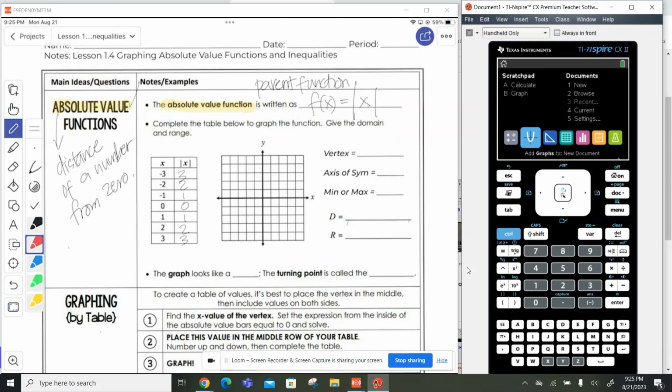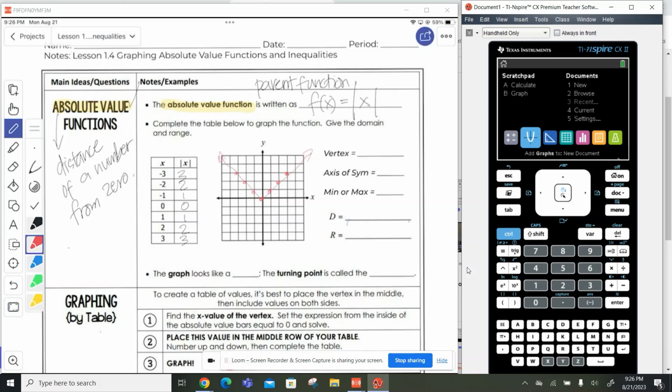Starting with 0, 0, then 1, 1, 2, 2, and 3, 3. With the negative values of x, negative 1, 1, negative 2, 2, negative 3, 3. Then let us connect our points.